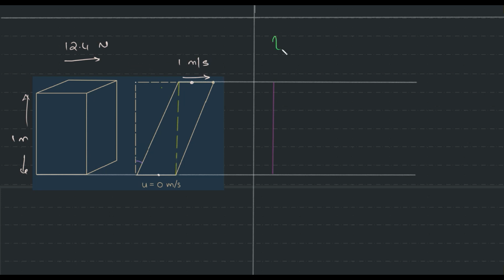Then your coefficient of viscosity in terms of magnitude will be equal to 12.4. I'm not writing the SI unit, some unit.